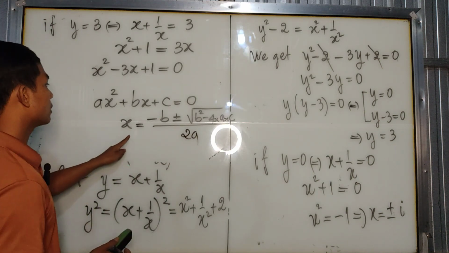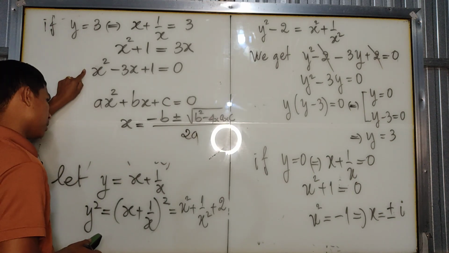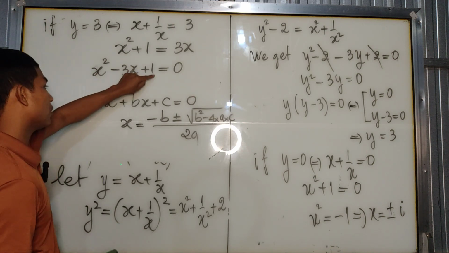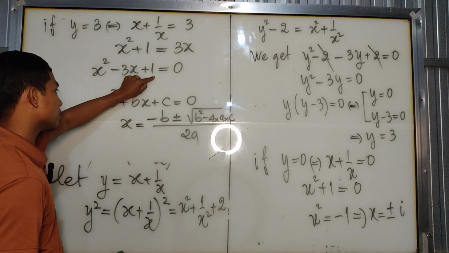The value of a is 1, the value of b is minus 3, and the value of c is 1.